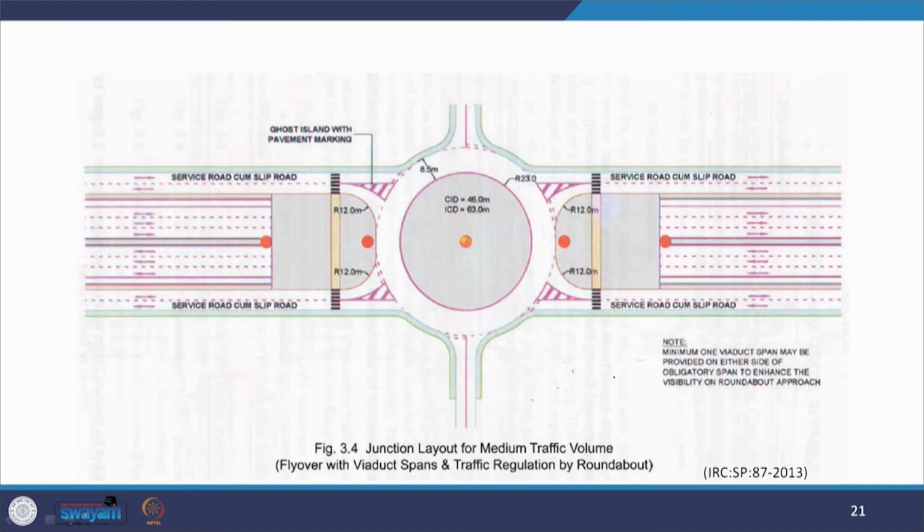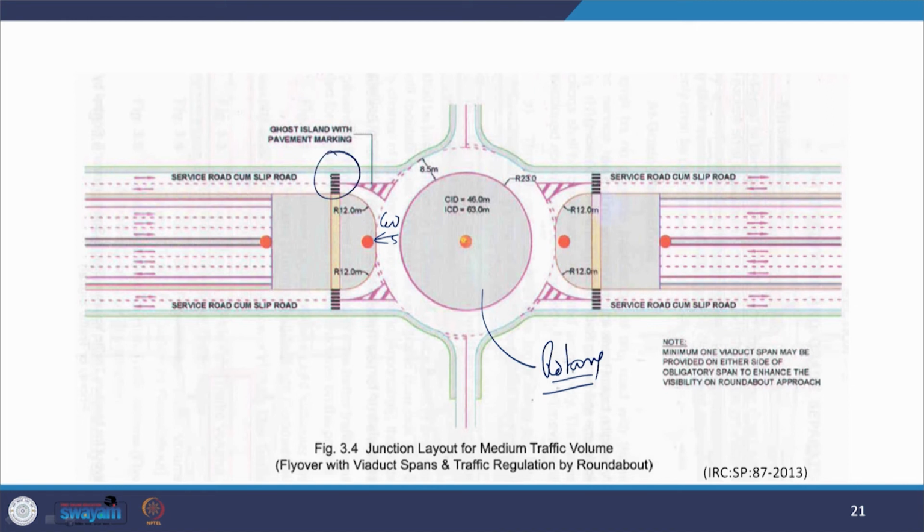Again, there is another design where you have to control a lot of traffic, and if you are controlling this lot of traffic, then this can be done by way of a rotary or a roundabout. So, what you find is a lot of space has been given. So, this is the carriageway which is circling the circle, being provided as an island in the center.